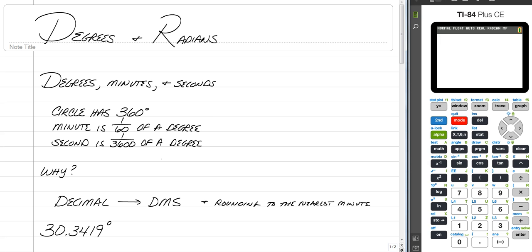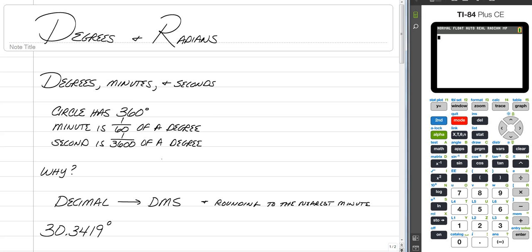If you were off by 1 second, you could be off by as much as 101 feet. That's a huge difference.